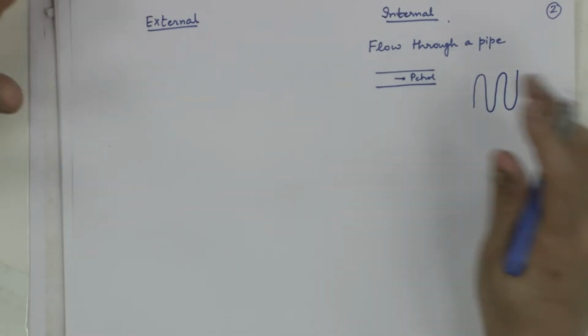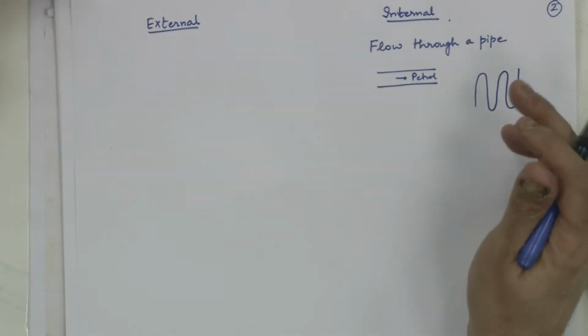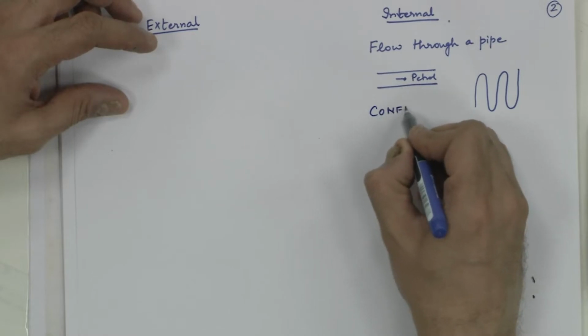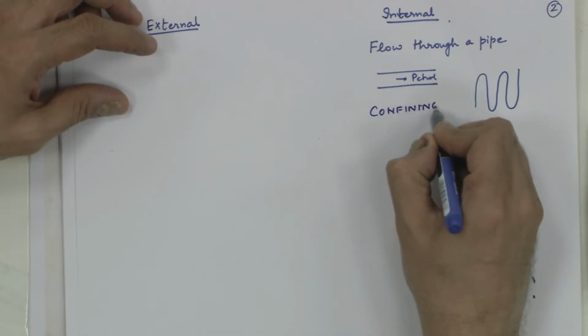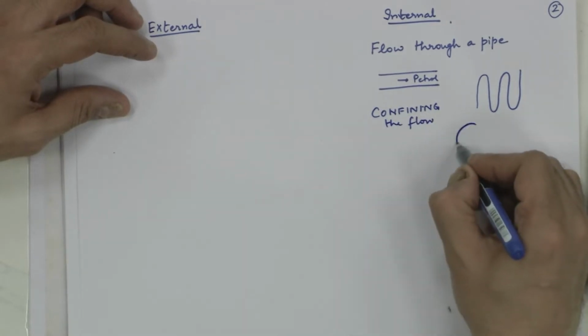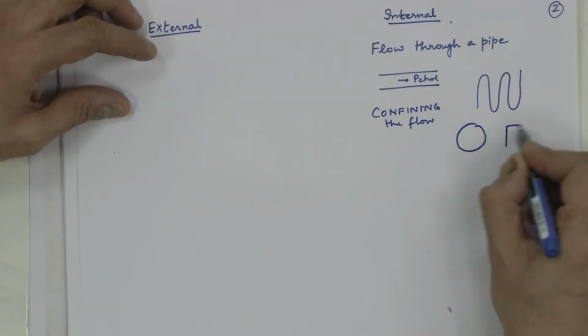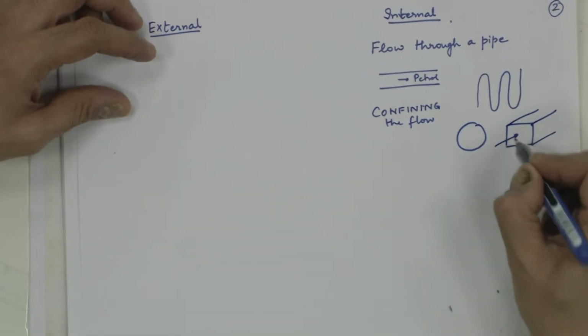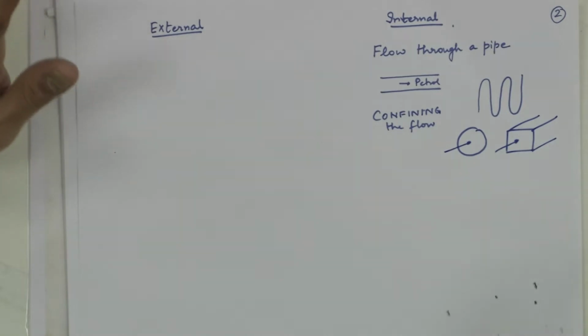So, any fluid which is being carried through a geometry which is confining the flow fully is called internal flow.